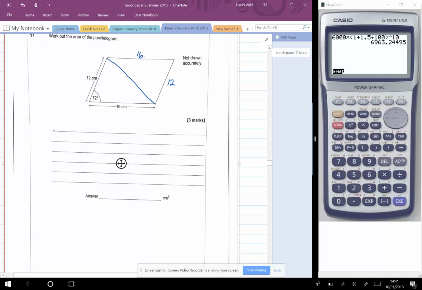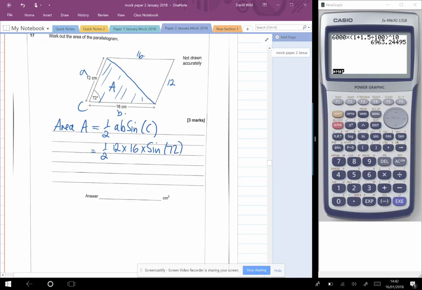So let's call this area A. Remember, this is a non-right angle triangle, so we don't use half base times height, we use a half AB sine C. This is my angle C here, and my A and B live here. So this is a half times A, which is 12, times B, which is 16, times the sine of 72.